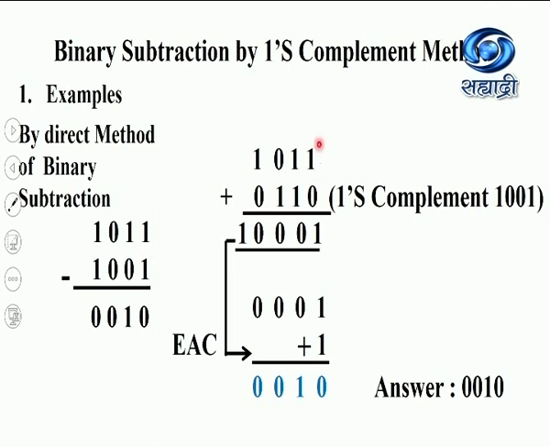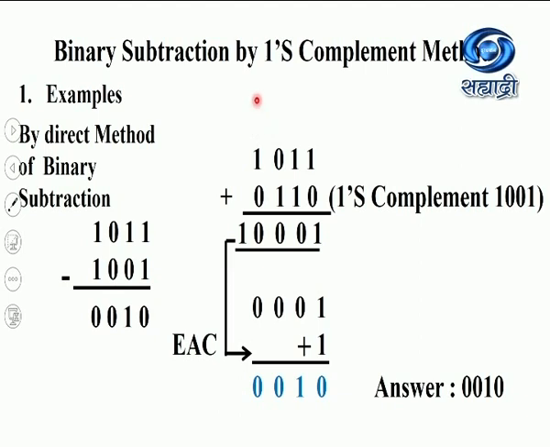So 1 plus 0 addition is 1. 1 plus 1, the sum is 0 and carry is 1. That carry is carried over to the next column. So 1 plus 0 plus 1, again sum is 0 and carry is carried over to the next column.